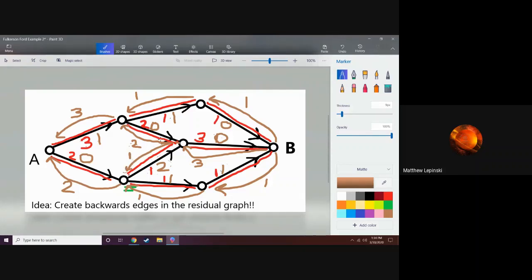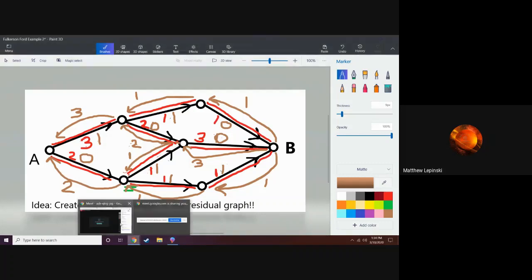In this example, I was sending 1 flow along the backtracking path. So I was only undoing one unit of flow, so I didn't want to erase the red altogether.